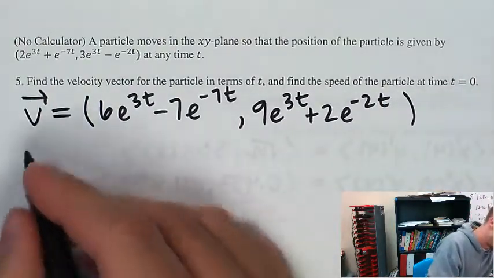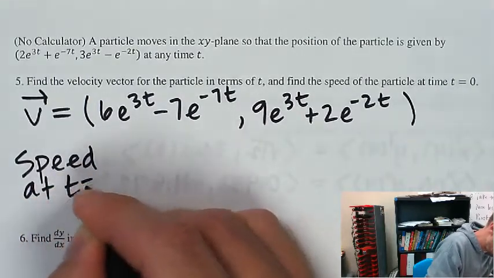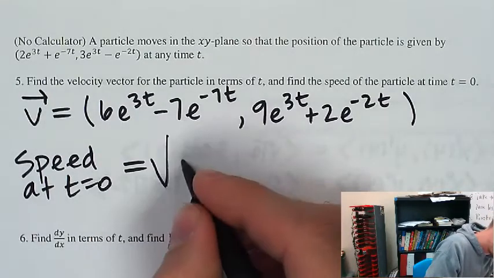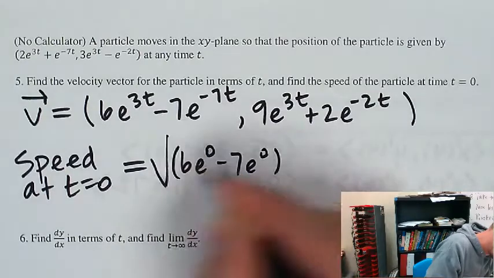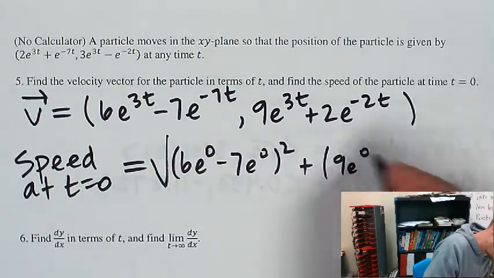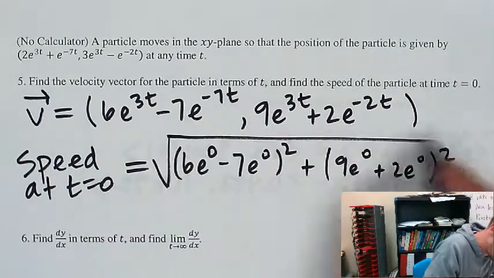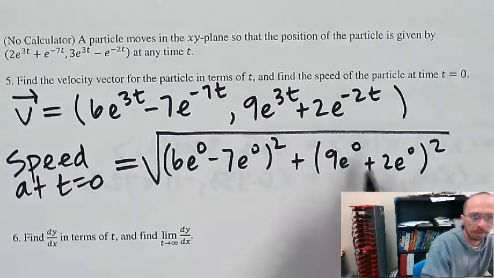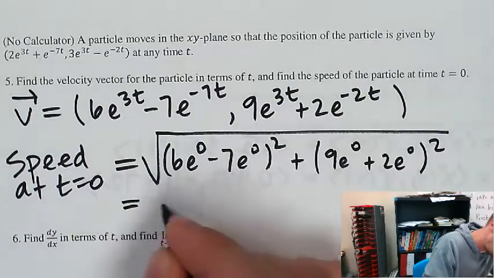Okay, and the speed at time 0 is going to be equal to the square root of 6 times e to the 0 minus 7e to the 0 squared plus 9e to the 0 plus 2e to the 0 squared. Okay, that's negative 1 squared, that's 1. That's 11 squared, it's 121, so this is the square root of 122.